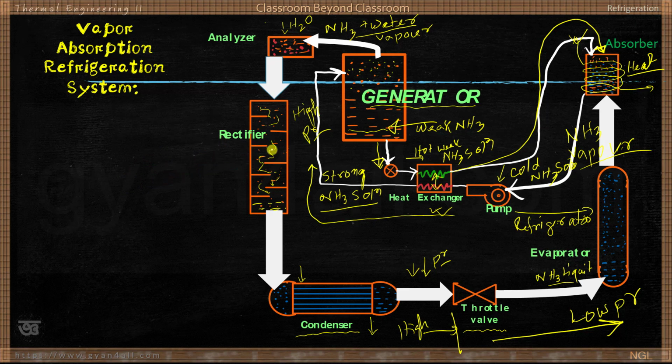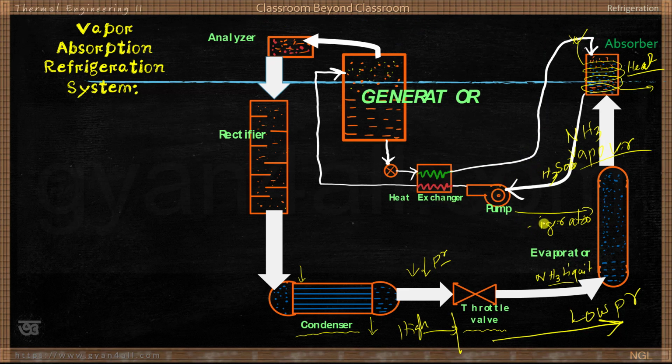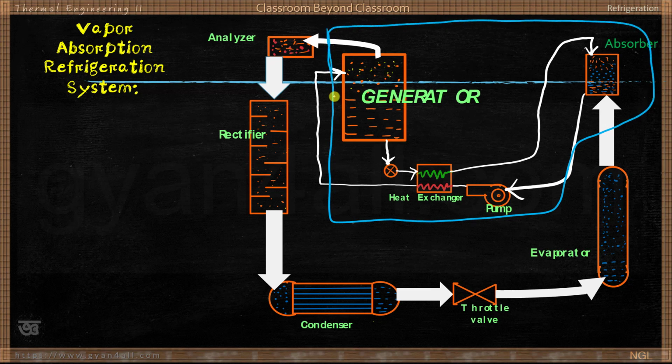Now you can see the difference between the vapor absorption and vapor compression refrigeration systems. In the previous class we discussed the vapor compression refrigeration system. In this example the compressor is not there. Have you seen any compressor here? There is no compressor. Now in place of the compressor, what is present in this system? What is the arrangement that increases the pressure of the refrigerant? This generator along with the absorber serves the purpose of a compressor.